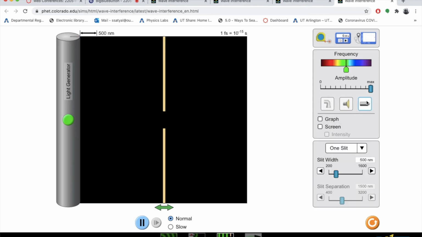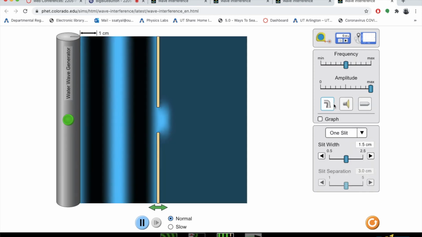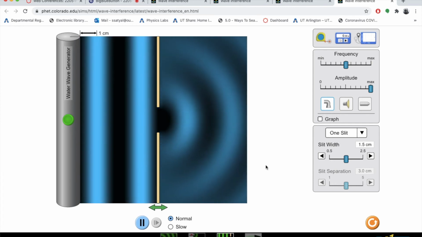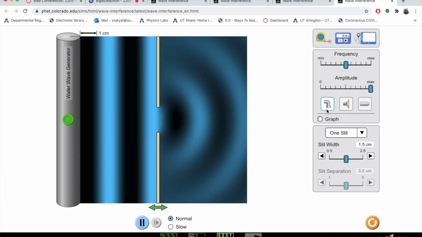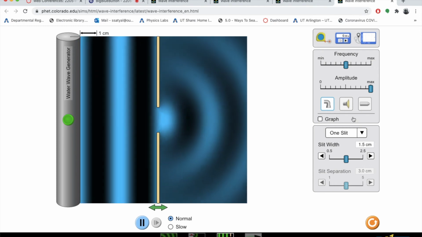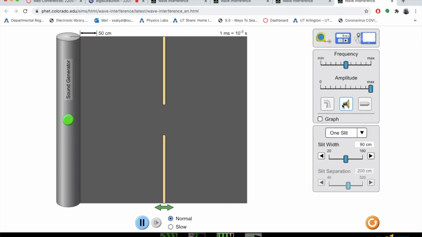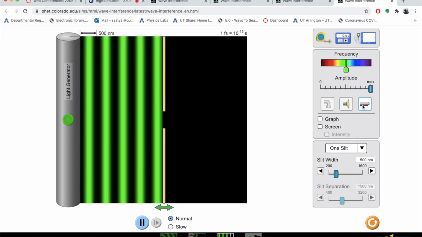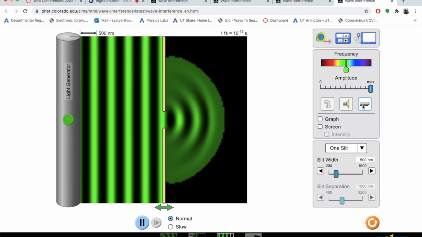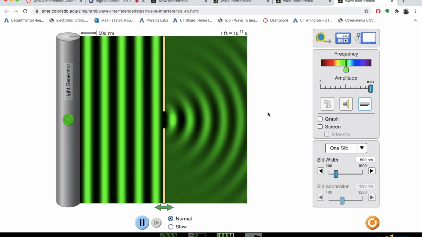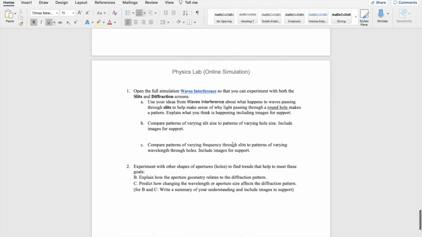Let me choose my source here, the light generator. You can also pick water. So you could repeat some previous examples using this simulation as well. Here the single slit, we did the double slit earlier. You can do the same thing for the sound, but the lab question only asks you to try for the light waves. Let me verify that.